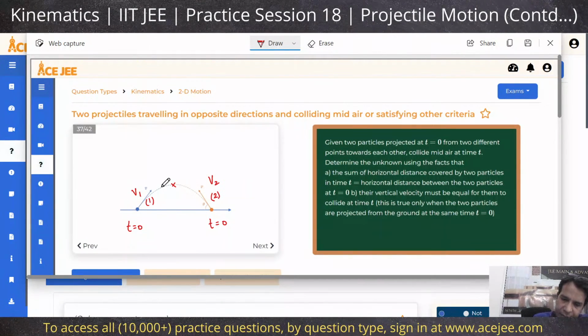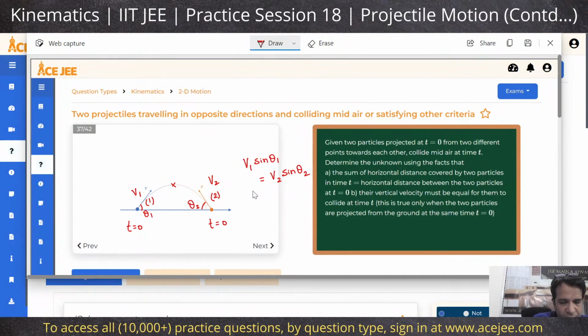So can I make the claim that if the angle here is theta 1, this is theta 2, can I say v1 sine theta 1 is equal to v2 sine theta 2? Can I make that claim? Yes, sir.